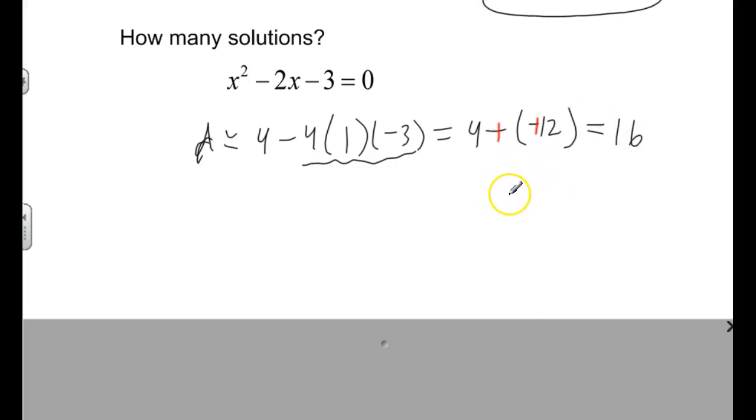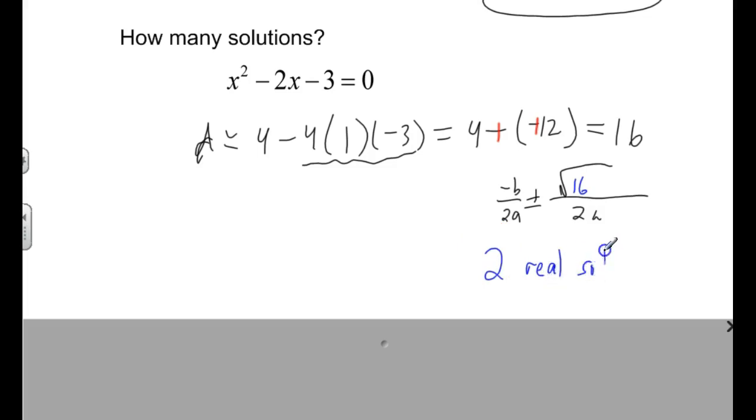So in the context of the quadratic formula, I don't care what these numbers are for this particular problem. What I care about is how many solutions I will have. If I'm taking the square root of 16 and adding and subtracting it over some number, I'm going to get 2 different answers. And they're both real, because if I plug in numbers for a, b, and c, this will be a real number. So I will have 2 real solutions.